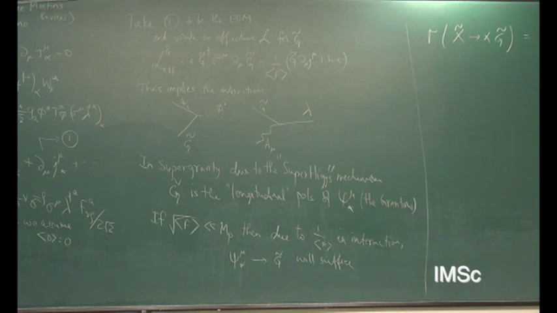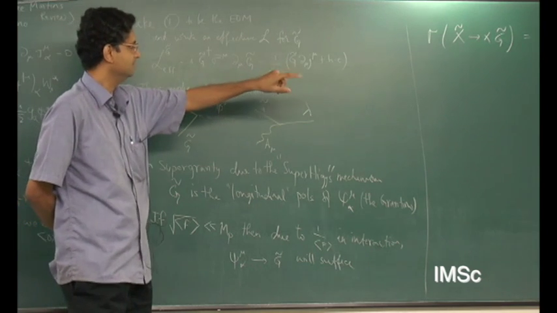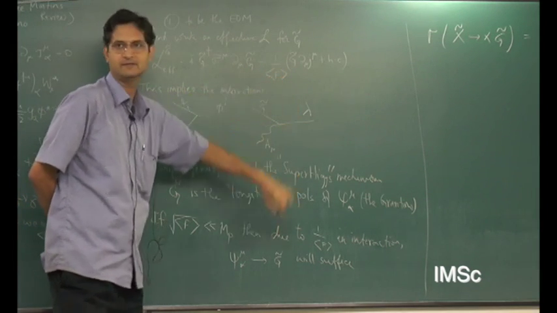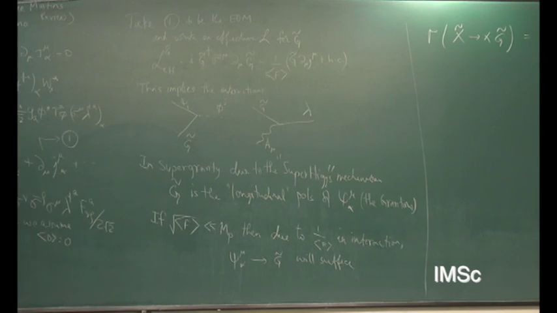There are very stringent constraints because it all depends on what the mass of the gravitino is and the F. So the constraints will come because of these two. You have to make sure that it does not overclose the universe. It should not be so weakly interacting that if you produce the gravitinos, you cannot get rid of them.